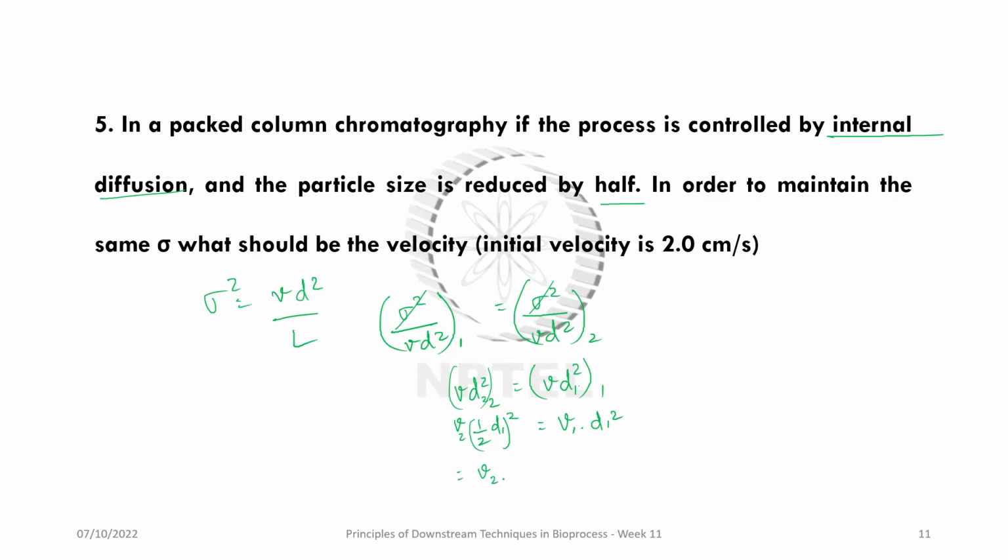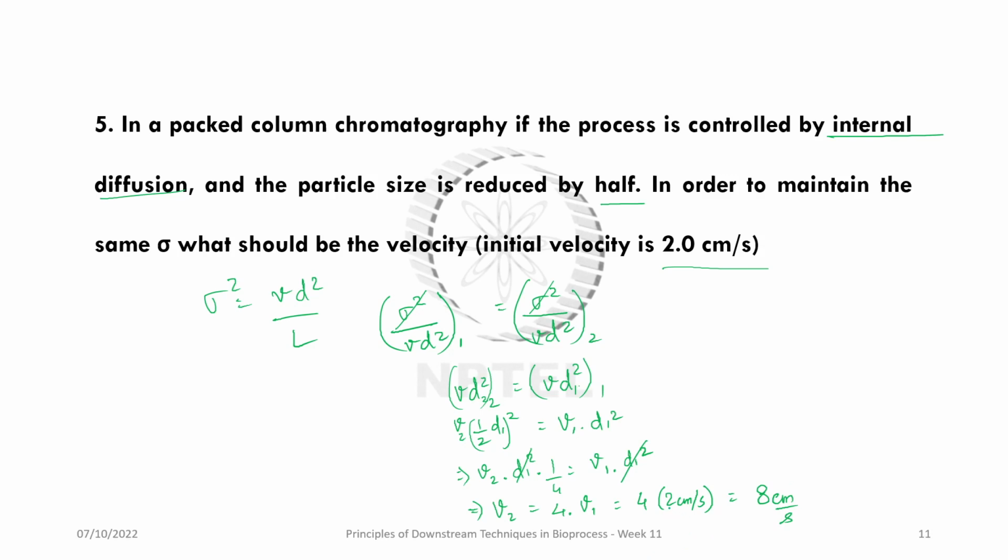So that will be v2 into d1 square into 1 by 4 is equal to v1 into d1 square. And you know that velocity 1 is 2 centimeter per second, but before that let's just cancel this out, and let's substitute. v2 is equal to 4 into v1, is equal to 4 into 2 centimeters per second, is equal to 8 centimeters per second.